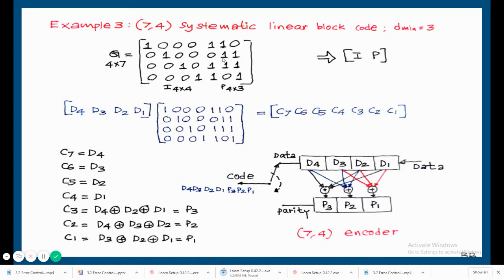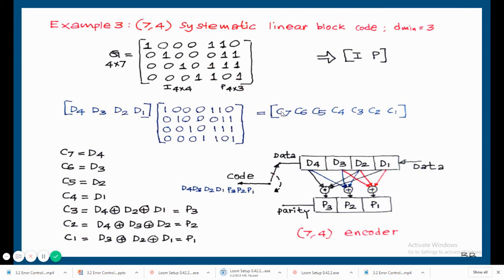Instead of IP format, PI format also can be used. If it is IP format, the leftmost 4 bits are data bits and the rightmost 3 bits are parity bits. If it is a PI format, the leftmost 3 bits are parity bits and the rightmost 4 bits are data bits. Now, due to IP format, I am starting with the highest number, D4, D3, D2, D1, multiplied with the generator matrix.